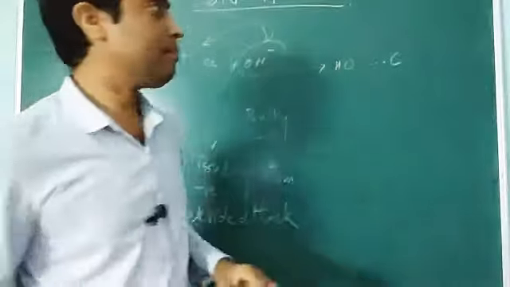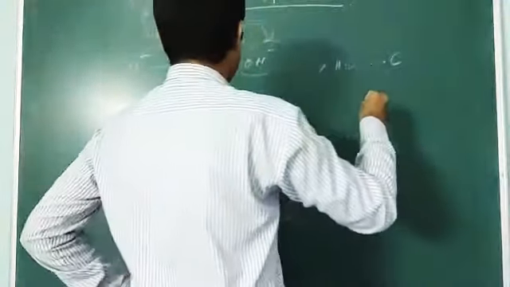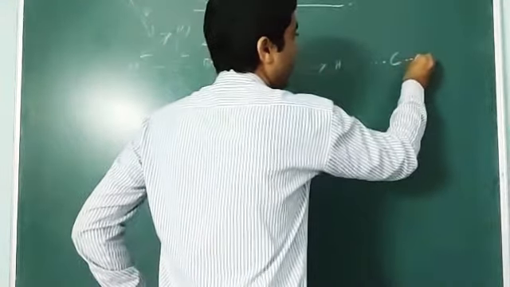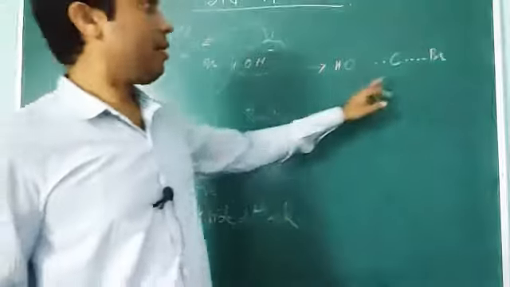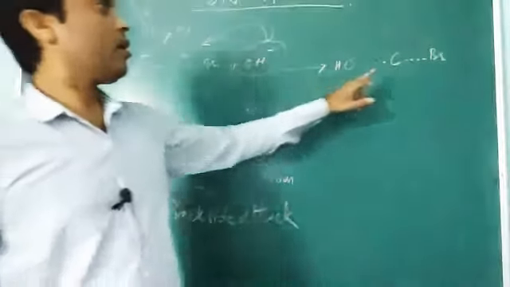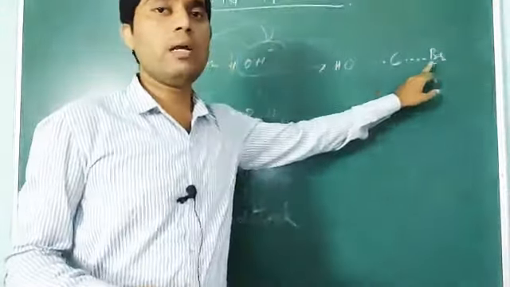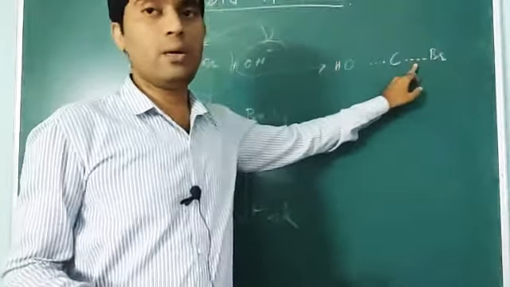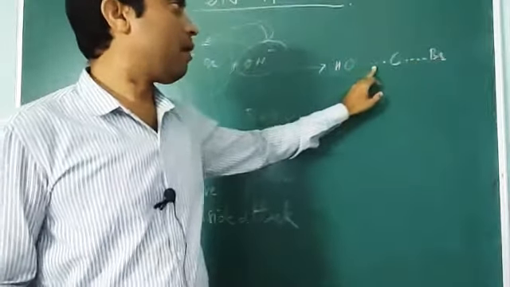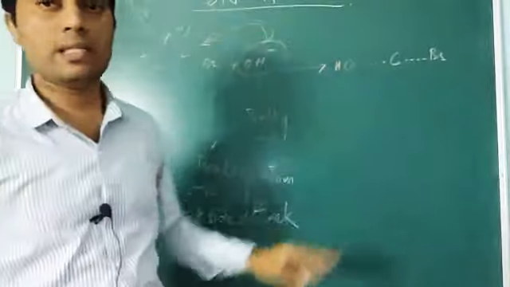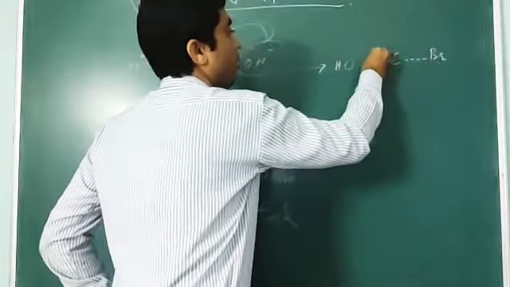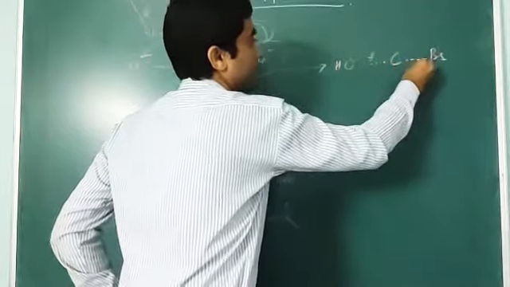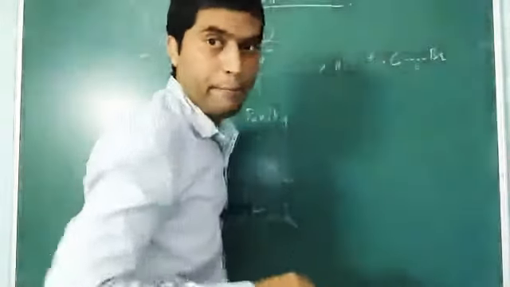At the same time, the carbon-bromine bond starts to break. The carbon-bromine bond will start to break and the carbon-oxygen bond will start to form. This is bond formation and this is bond breaking.